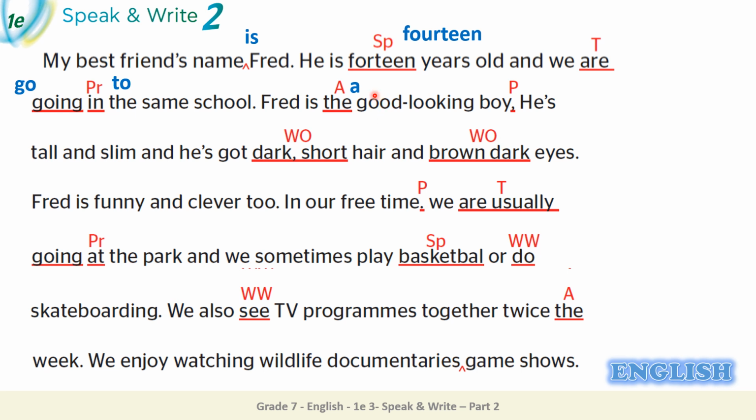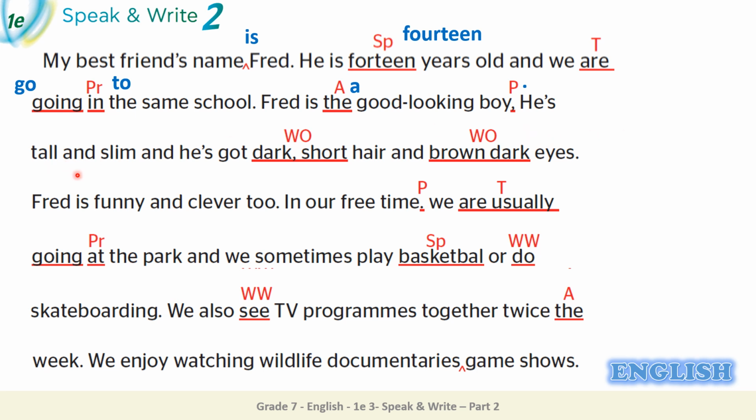That's why we use the article a. While P is punctuation, and the correct answer is full stop. Every sentence in English ends with a full stop. That's perfect.